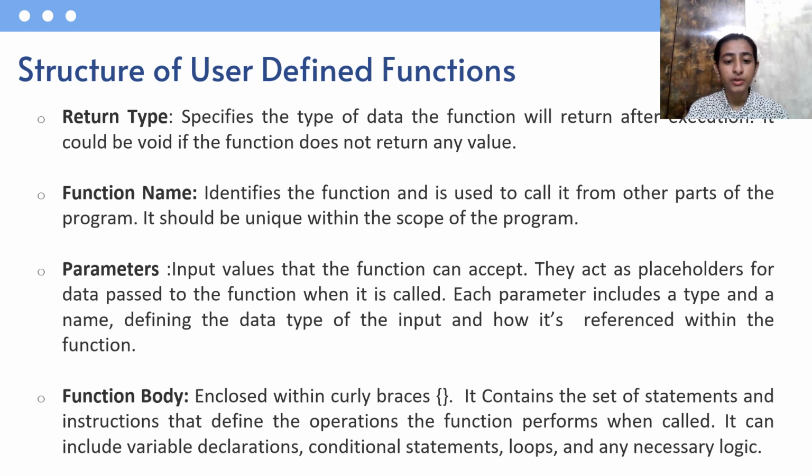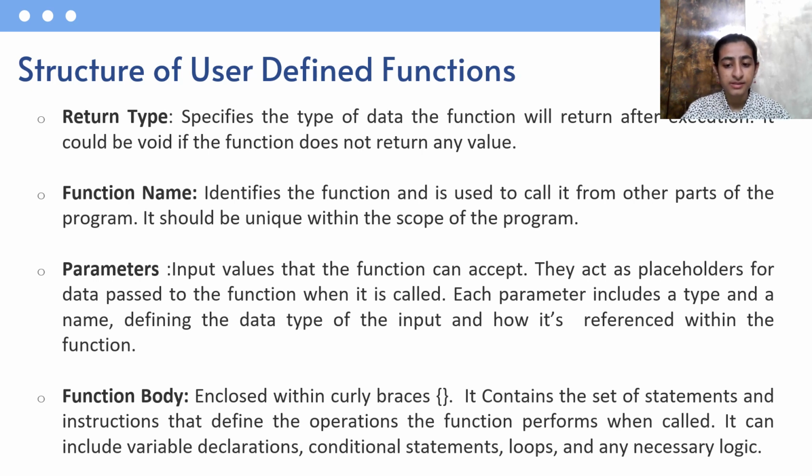Parameters. Input values that the function can accept. They act as placeholders for data passed to the function when it is called. Each parameter includes a type and a name, defining the data type of the input and how it's referenced within the function. Function body is enclosed with curly brackets.